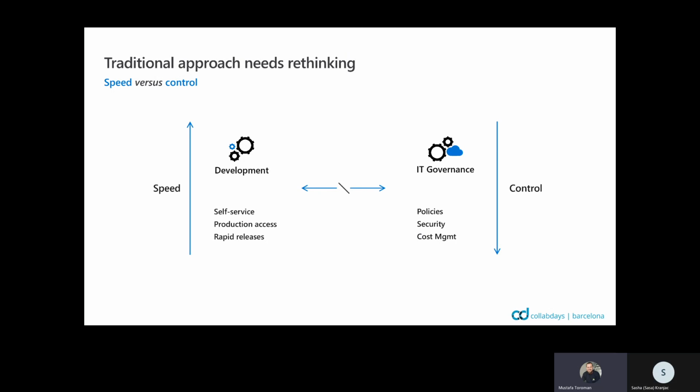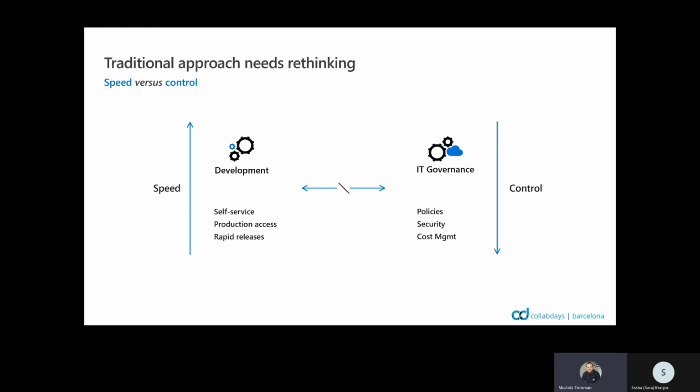In the traditional approach to IT governance, it's basically speed versus control. When we want to enable development, it usually means enabling our users to have self-service, to provision resources themselves, to have production access, and rapid release, to increase the speed of our processes. When we allow a lot of those functionalities, control suffers. We slack on policies, security, and cost management.